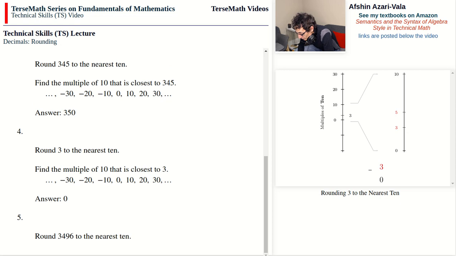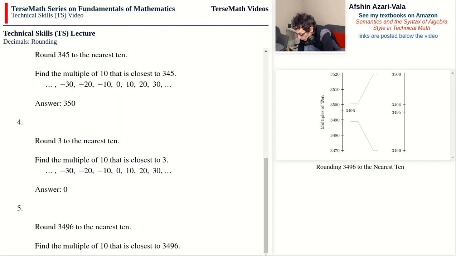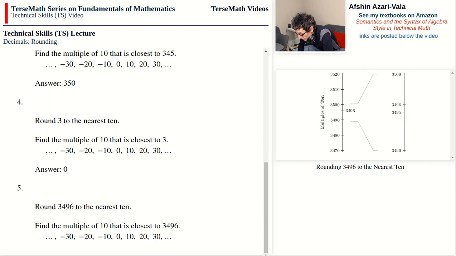For problem 5, round 3,496 to the nearest 10. Now for this problem, if we jump in steps of 10, eventually we will come to 3,480 and then going up by 10, 3,490 and 3,500 and so on. And the idea is to find again the multiple of 10 that is closest to 3,496.